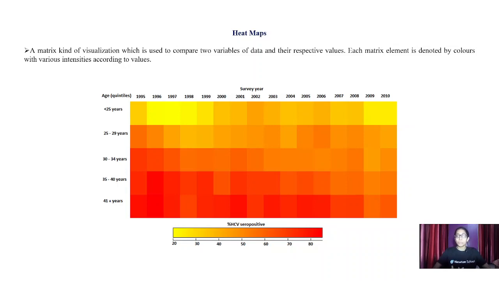The higher the intensity, the higher the output, and it depends upon what type of data it is. For light intensity we want zero shades, and for the highest we need red. It depends upon how seropositive it is, or what percentage it has, giving us various intensities.